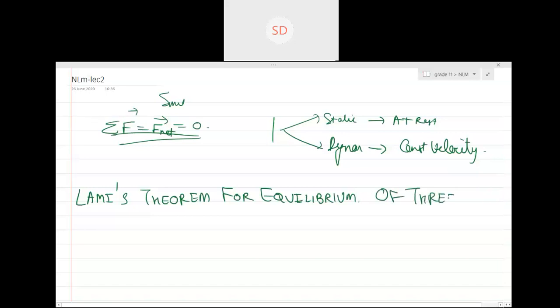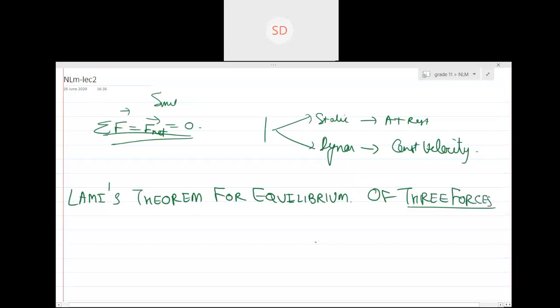Please remember, whenever there are three forces, you can use Lami's theorem on the object. For example, let's say there are three forces: this is F1, this is F2, and this is F3. So F1 vector, F2 vector, and F3 vector.